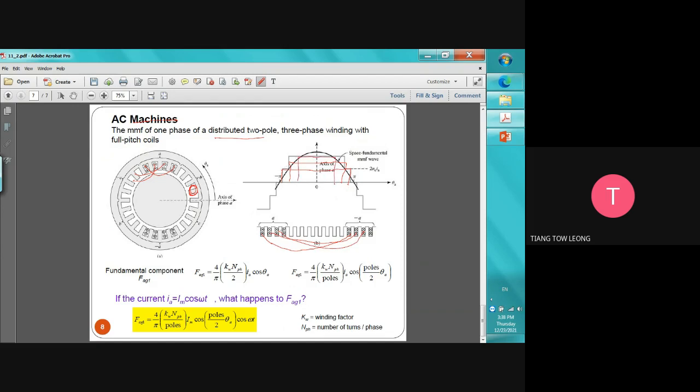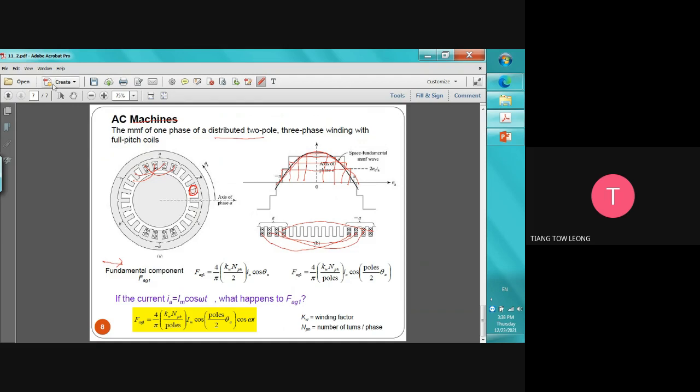Something like this, this coil and this coil will create another value. So when we add up together, it becomes a sine curve. This is a distributed one. No need to care about the equation here. This is just for your information.